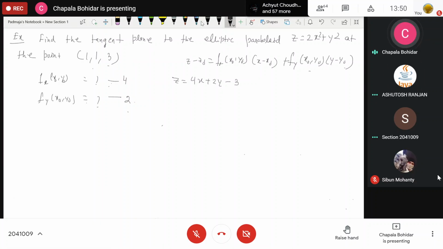Which one is minus 2? Ma'am, 4x plus 2y minus 2. No, the answer is coming 3. You check it. I have given this same question, 2x square plus y square, z is equal to, it is coming 3. Check it. Yes, ma'am.